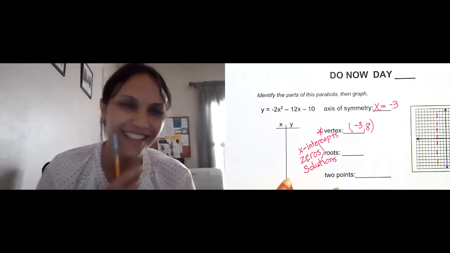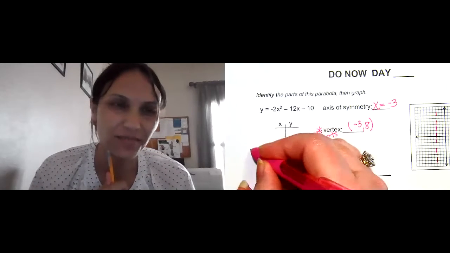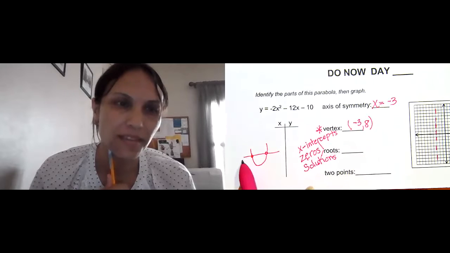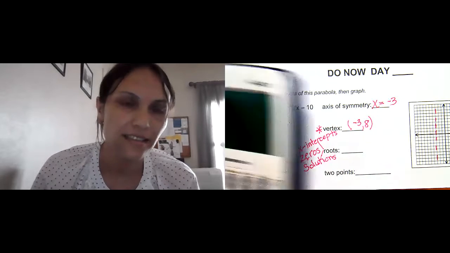What we're looking for are these points where it crosses the x-axis, and there are usually two.